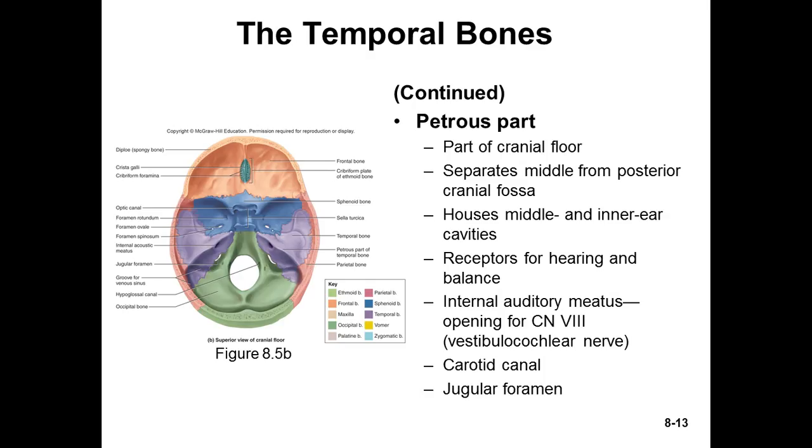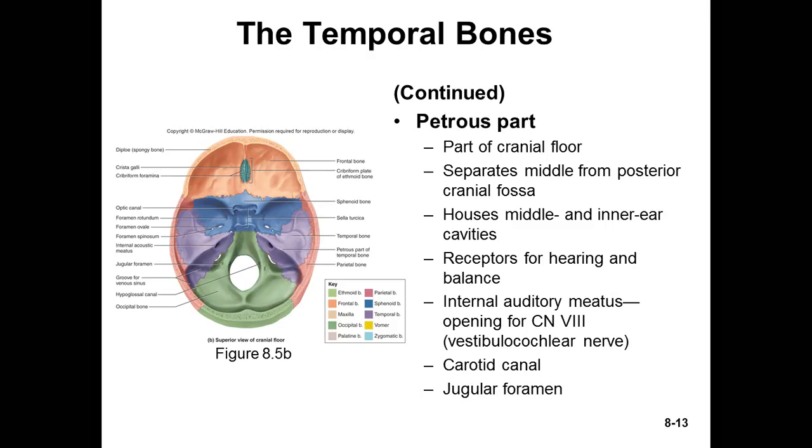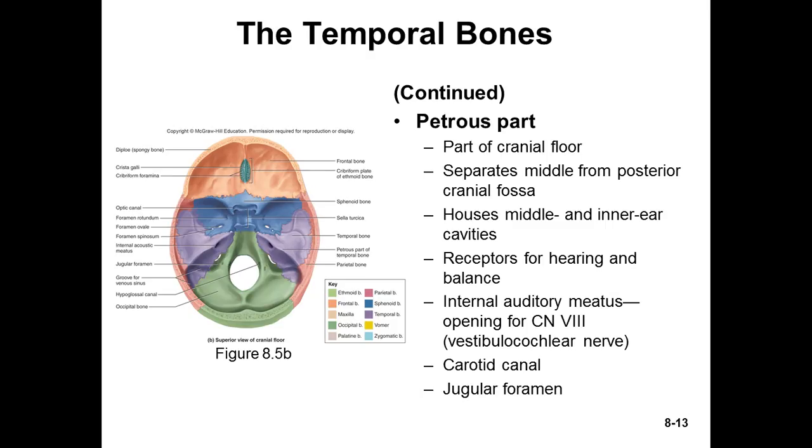That's where the receptors for hearing and balance are. You have your internal auditory meatus, which is the opening for cranial nerve 8. Cranial nerve, of course, you have 12 of them. That's actually 2 letters, CN, followed by a Roman numeral.